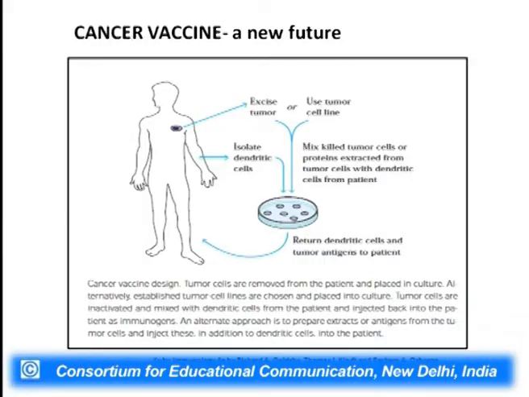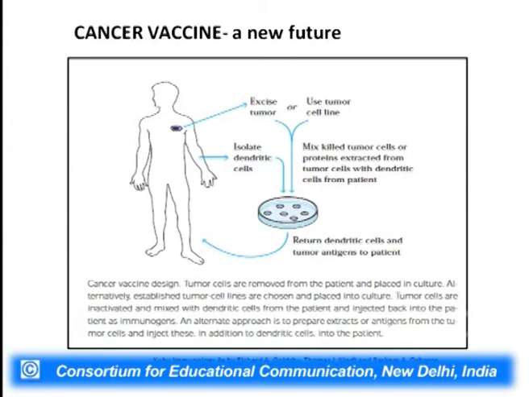Now, as you can see in the cancer vaccine design, how it actually happens is we take a person who has been suffering from cancer and excise a tumor from that person, or certain tumor cell lines can also be used for laboratory purposes. But otherwise, we take out a piece of the tumor from the affected person, and we isolate the dendritic cells from the same person.